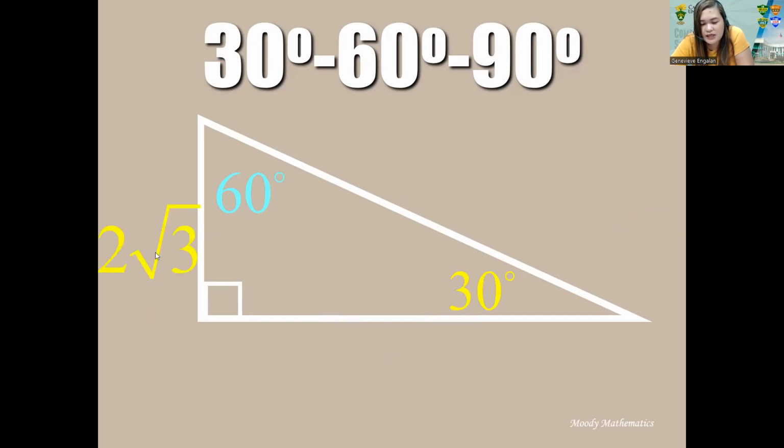If our shorter leg is 2 square root of 3, what is our hypotenuse? 18, ma'am. The hypotenuse is times 2 of our shorter leg, right? So 2 square root of 3 times 2, that is 4 square root of 3.